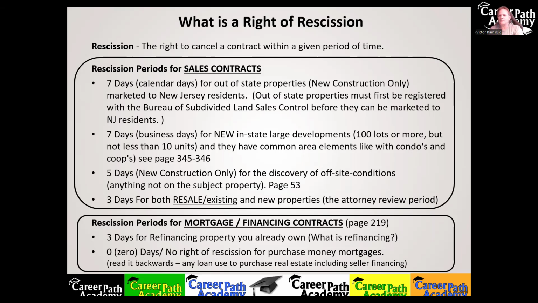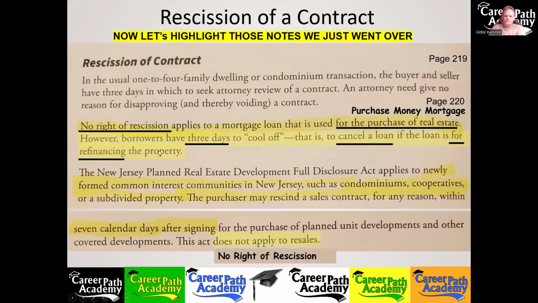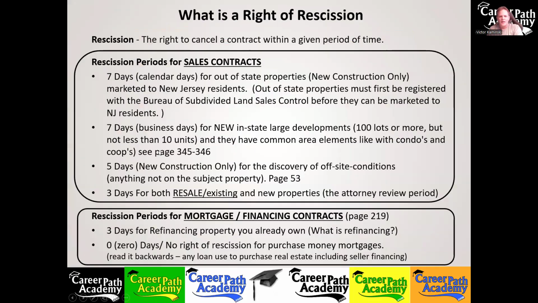Resale is just a used property. It's not brand new. And then we get that 3-day rescission period for mortgage loans and financing.